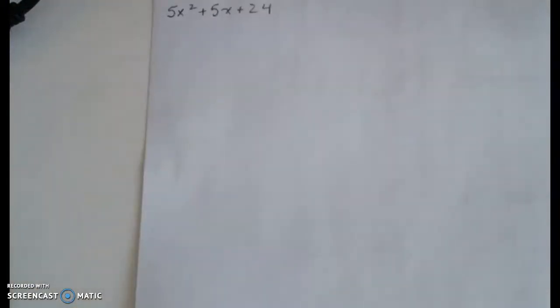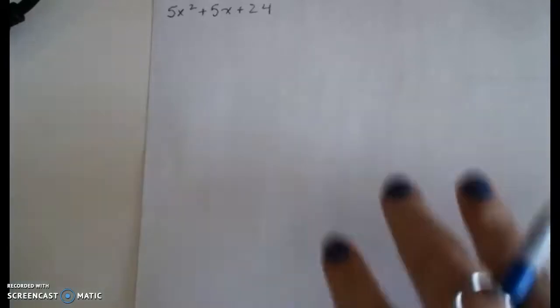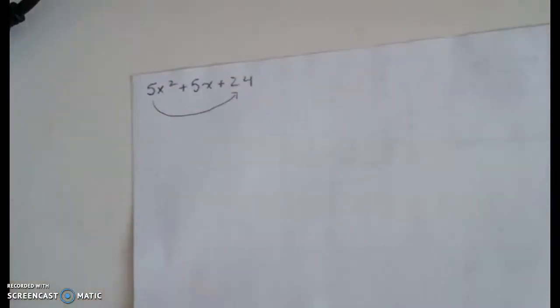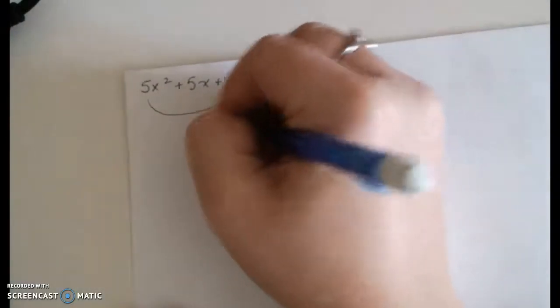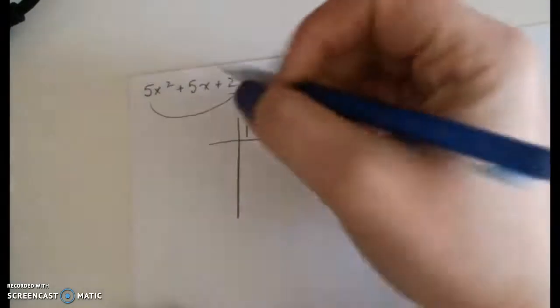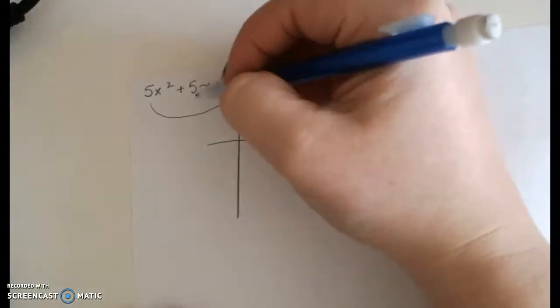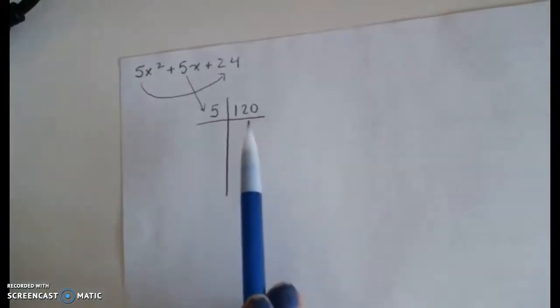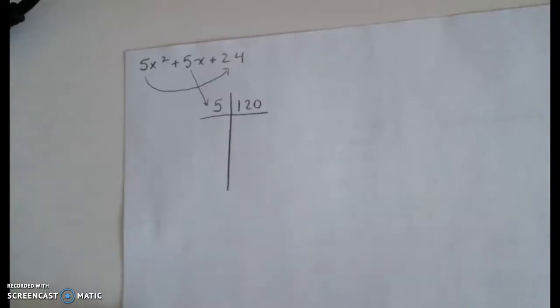Let me grab a calculator. So when we factor, our first step is to multiply our first and our last terms. So 5 times 24 gives me 120. And then we take our middle term and we bring it down to the left side of our chart. So I'm looking for two numbers that multiply together to equal 120 that will add together to equal 5.